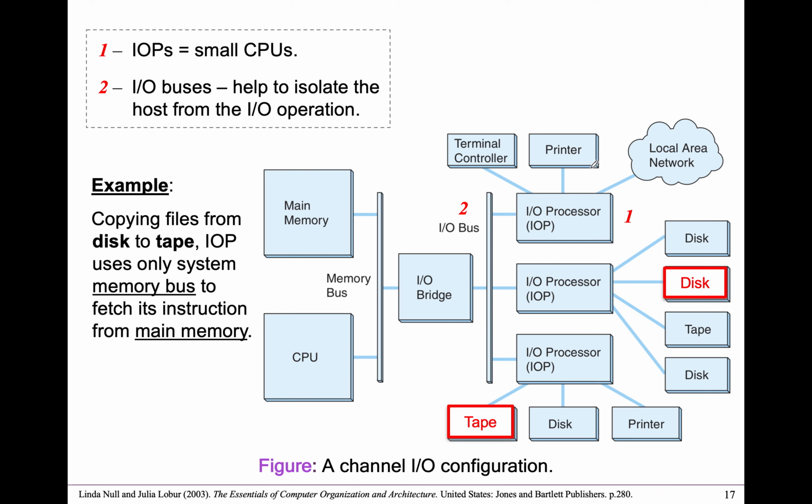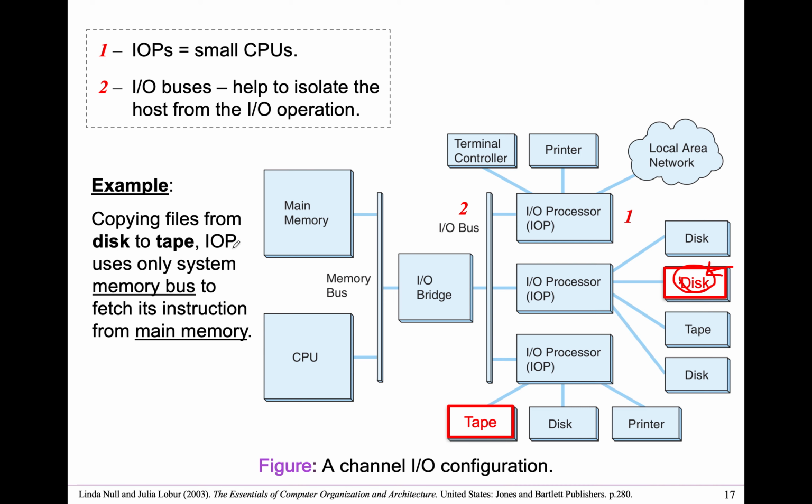The example is copying a file from your disk to the tab device. You copy everything from your disk, let's say from your CD there is a movie, and then you want to paste and transfer it into your tab device.